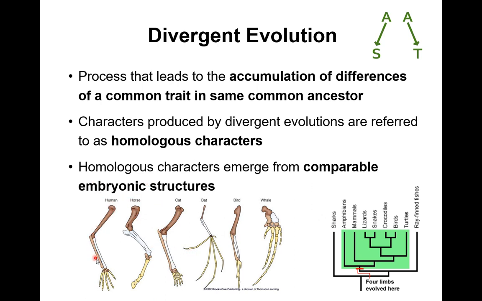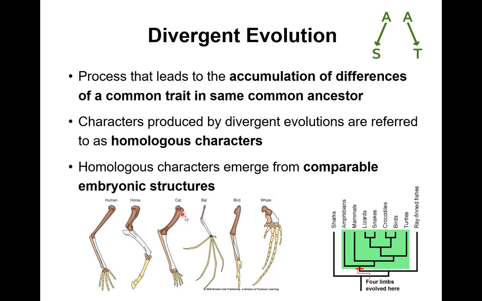So this is what will be our arm. Now it turned into a leg in horses and cats. In bats, it has turned into the structure that gives origin to the wings. Same thing for birds, and for whales it has actually evolved into their flippers.